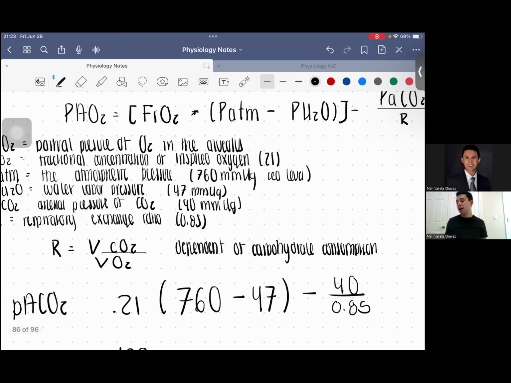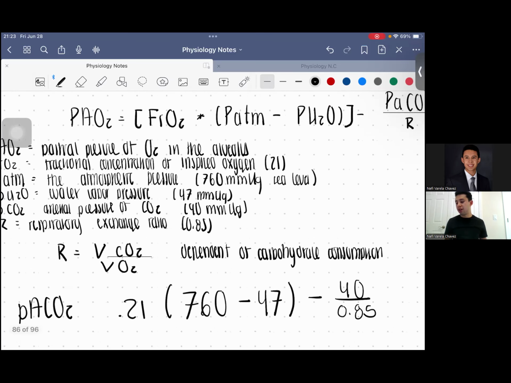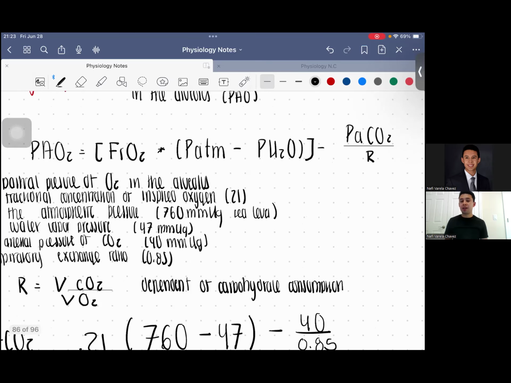So that's the formula. PAO2, referring to the pressure in the alveoli, is going to be equal to the fractional concentration of inspired oxygen times atmospheric pressure minus pressure of water, minus the pressure in the arteries of carbon dioxide over the respiratory exchange ratio.